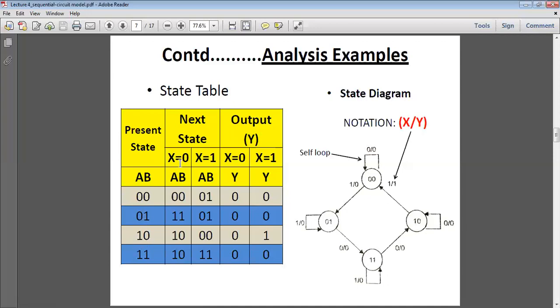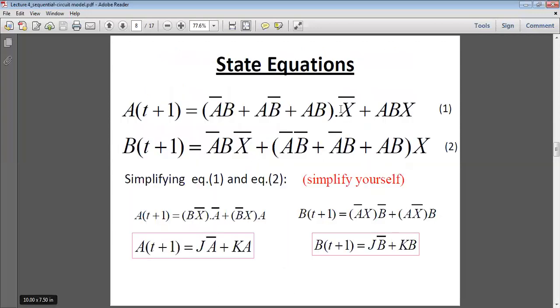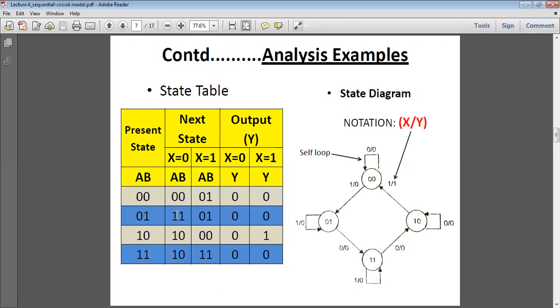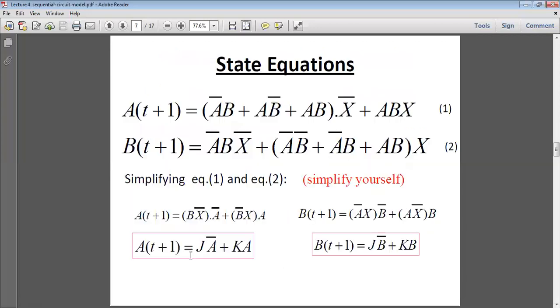In this case, when x is equal to 0, that means A complement B, AB complement, plus AB, into x complement. So the first three are 1, and when x is equal to 1, when present state is 1, 1, then next state is 1. So AB into x. So this is the first equation for the first flip-flop.